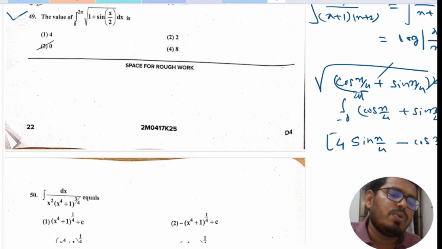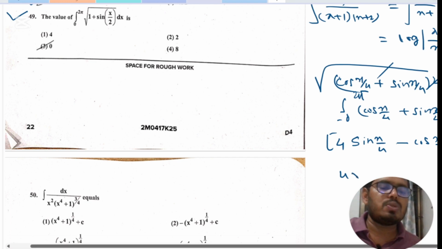Okay, sin 0 value is 0, minus cos 0 value is 1. For the upper limit, sin 2 pi divided by 4 is sin pi by 2.